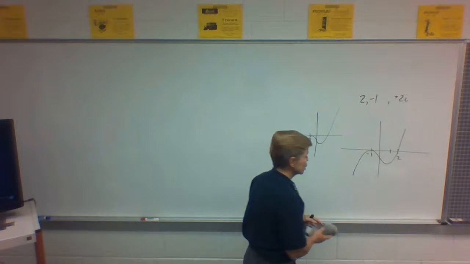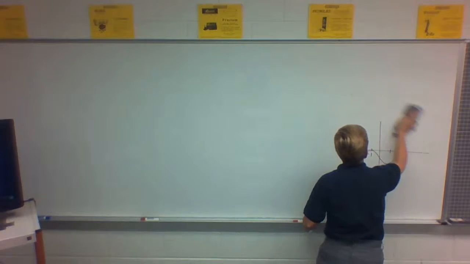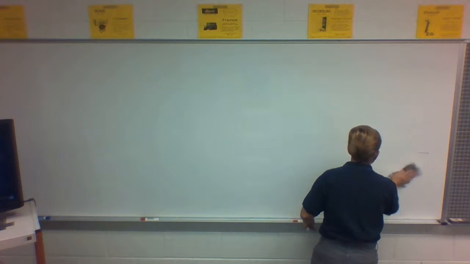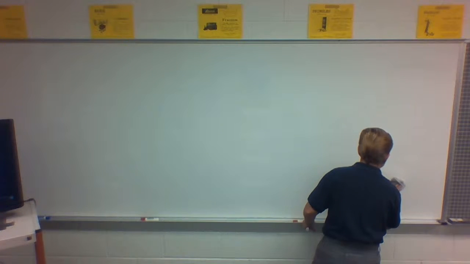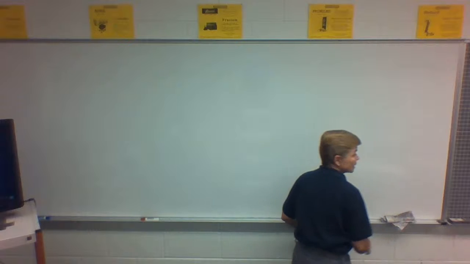What degree will this polynomial have if the zeros are 2 and 3 plus i? 3. How do you know it's 3? Even though they gave you 2, there's 3? Absolutely. That's the thing you got to be aware of. The solutions that they gave you are 2 and 3 plus i.